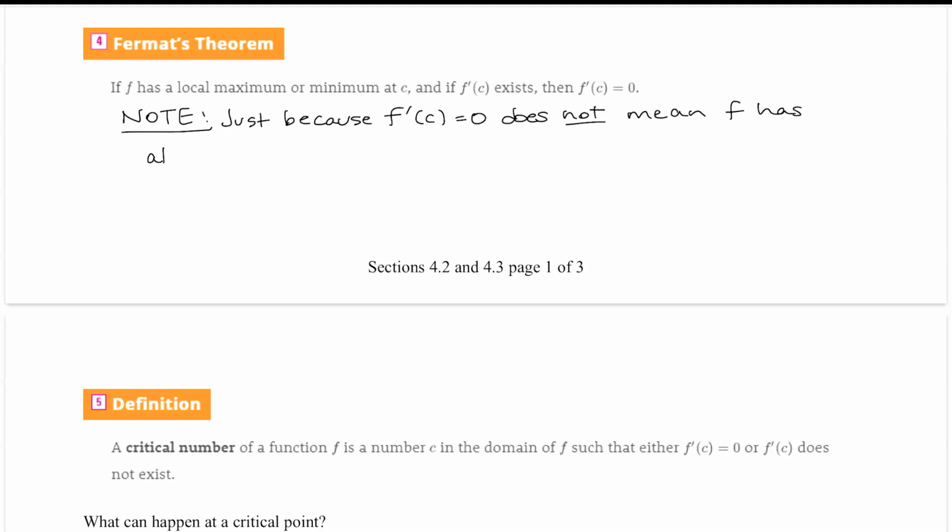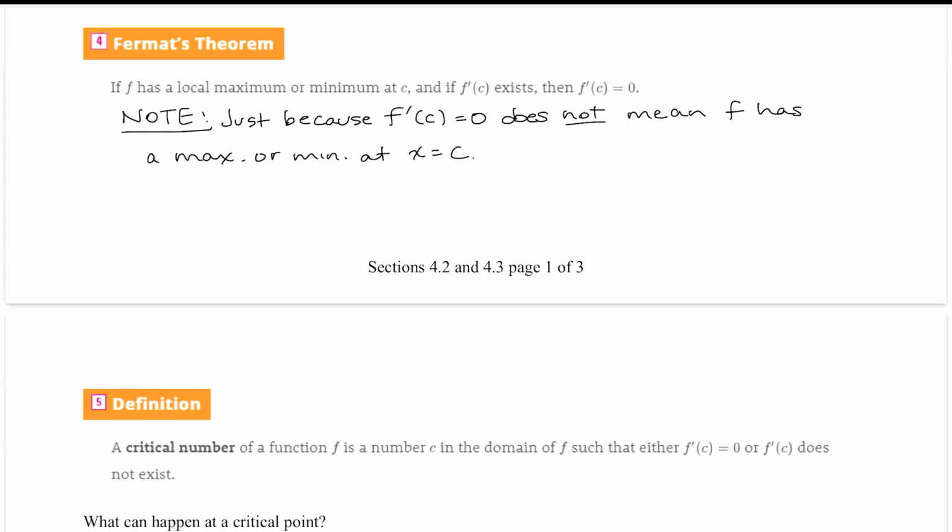But note to self, just because f prime of c equals 0 does not mean that f has a max or a min at x equals c.